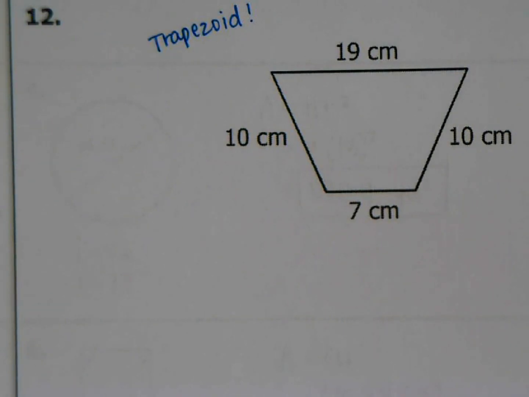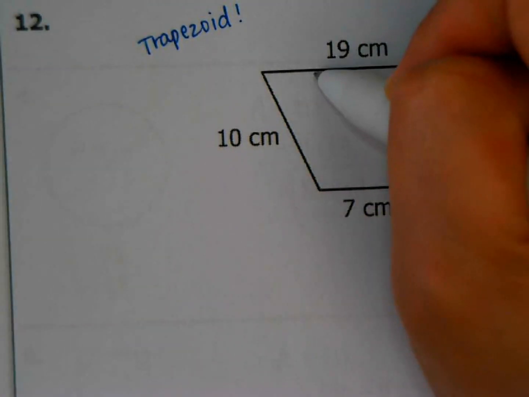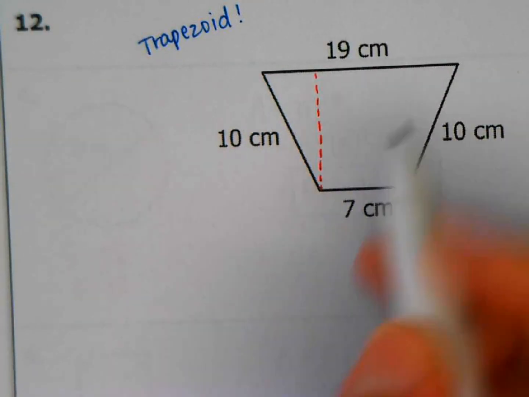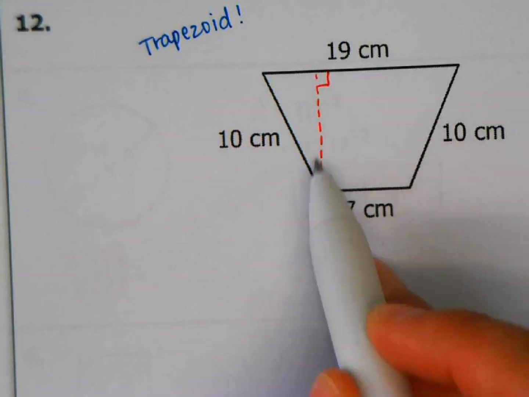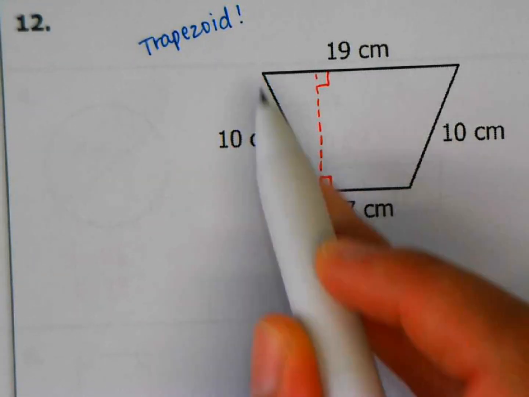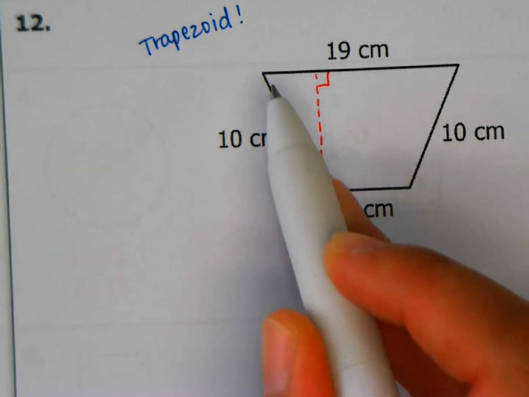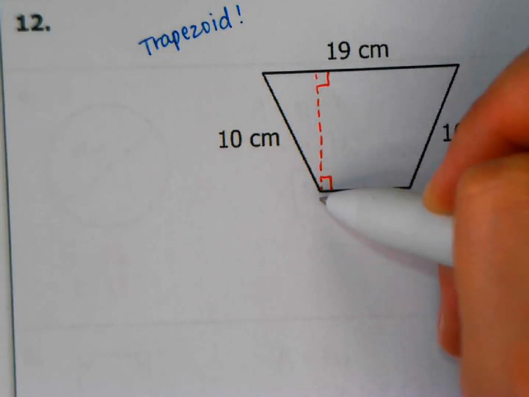So this one, we are missing the height. The bases will always be parallel from one another, so we're missing this value right here. So what kind of shape did I just make here, over here on the side? I made a right triangle, right?